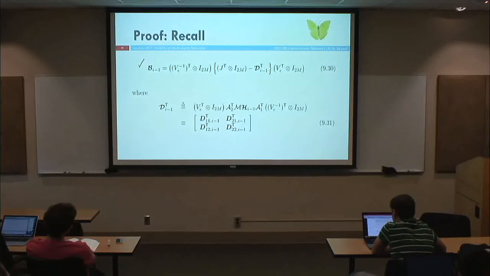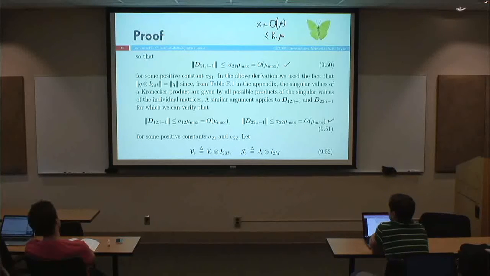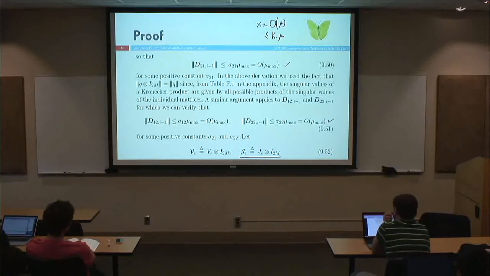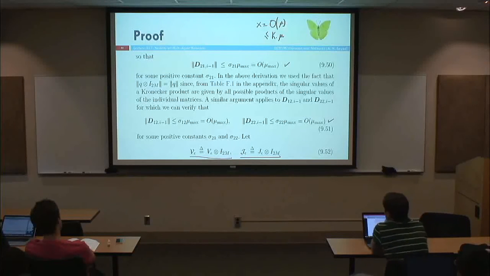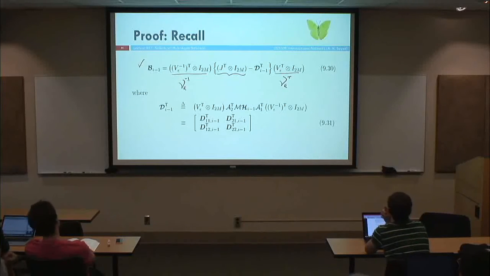Rather than write this all the time, I'm going to introduce this notation. J epsilon Kronecker I is the calligraphic J, and V Kronecker I is the calligraphic V. So here we have V Kronecker I, V inverse Kronecker I. So I'm going to use the calligraphic V for this, calligraphic V inverse for that, just to keep it simple.